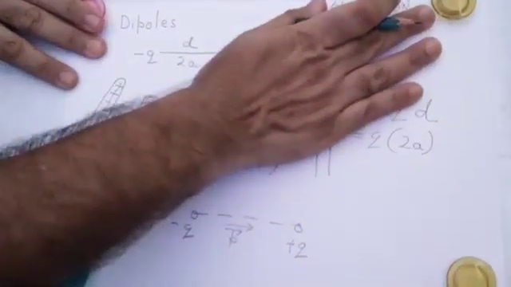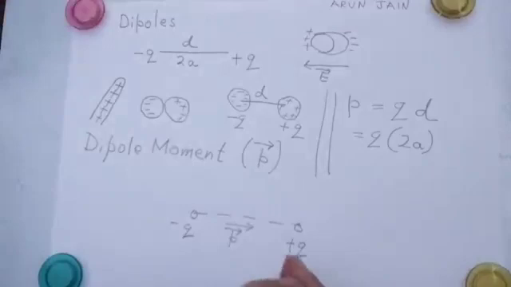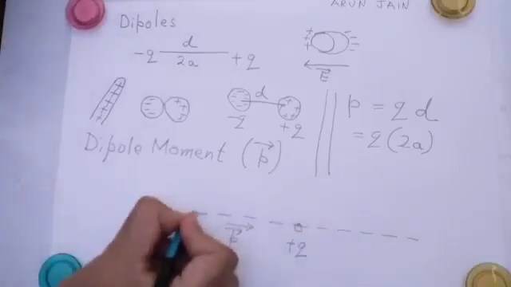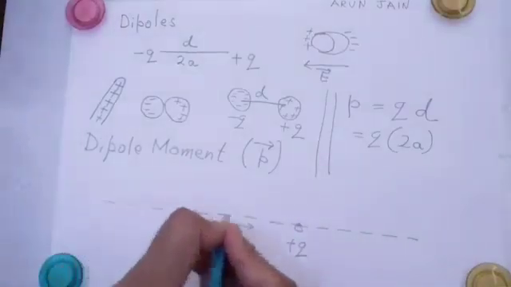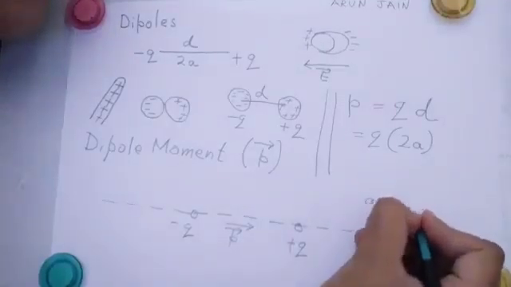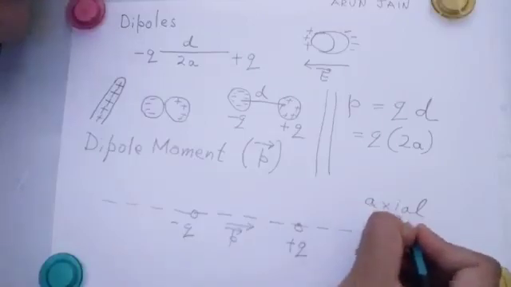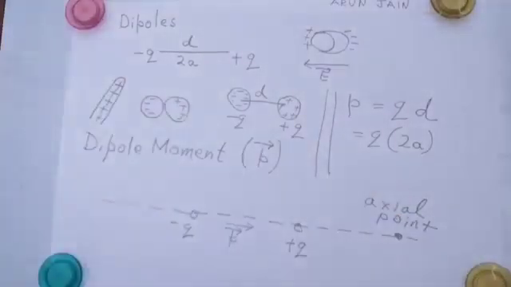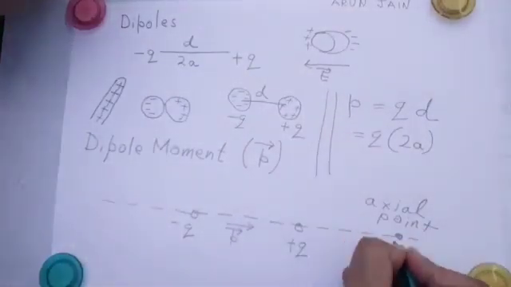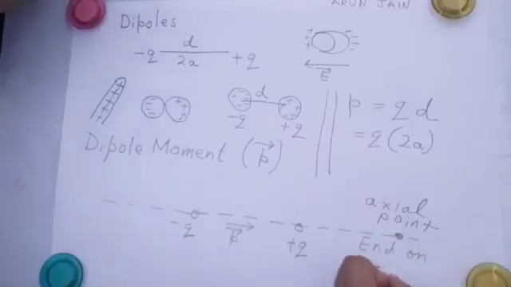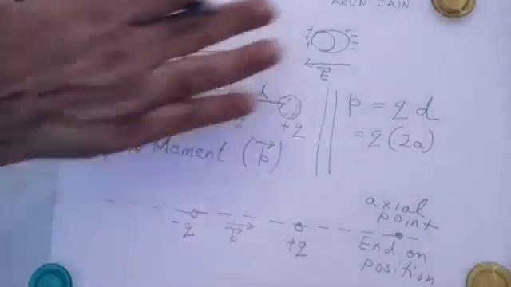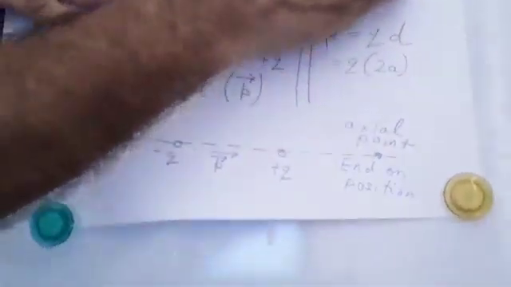Now if we extend this line connecting the two charges, we call that line the axial line, and any point on this line is called an axial point. This point location, sometimes we call it end-on position. That is the same as an axial point. So any point on the line joining the charges is called an axial point.